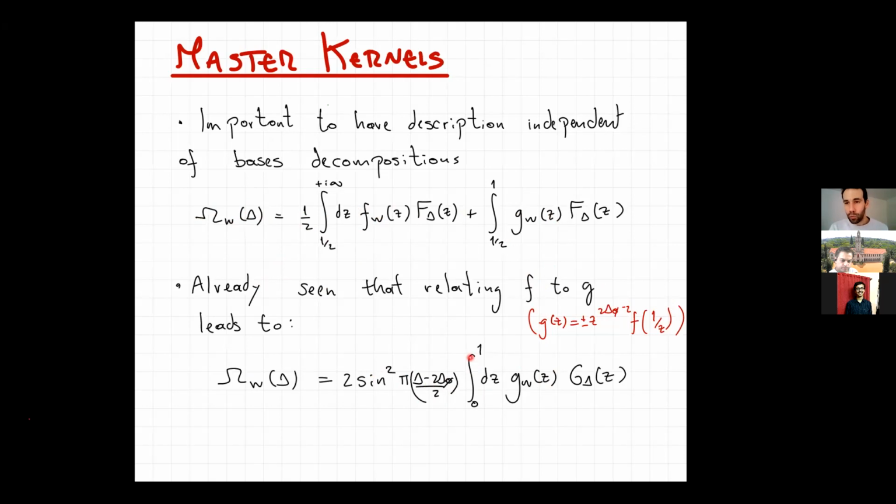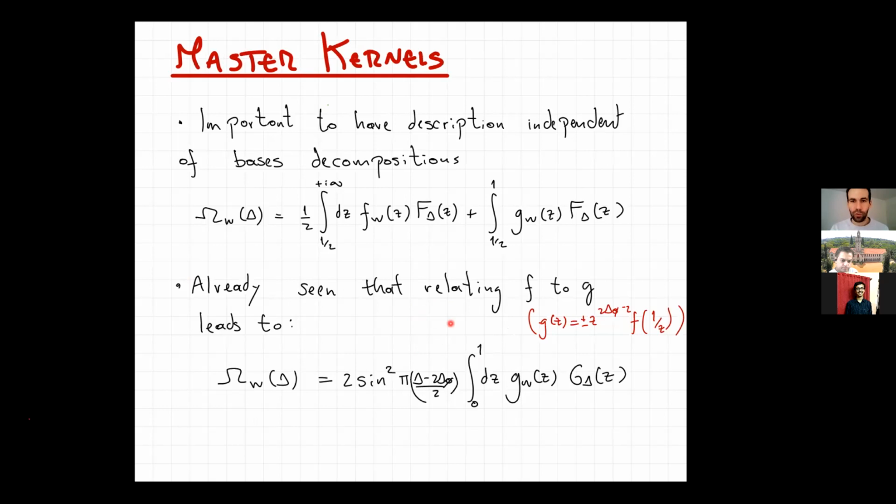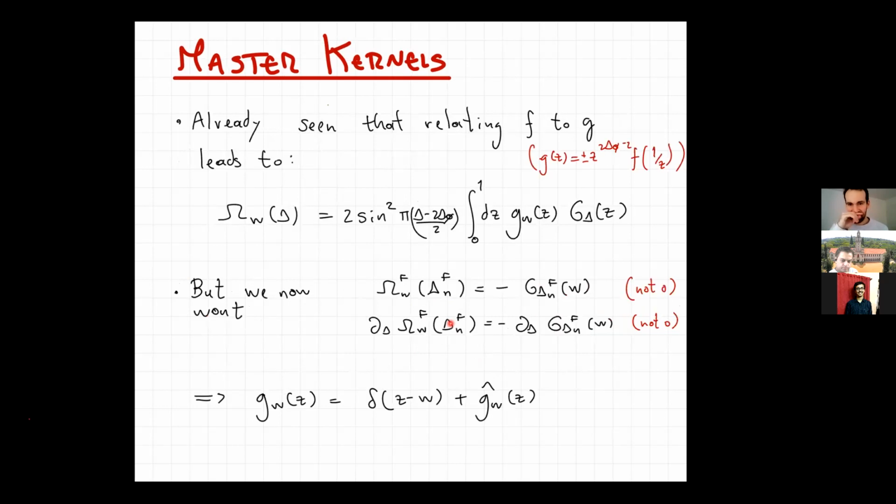Now we don't want double zeros. We want these conditions. So what should we do? Well, it's very easy. What we should do is that as our choice of g, we should take a delta function plus some g hat, and it will be g hat which satisfies this relation with f.